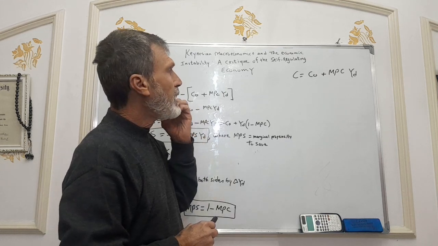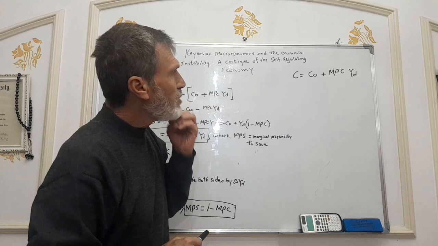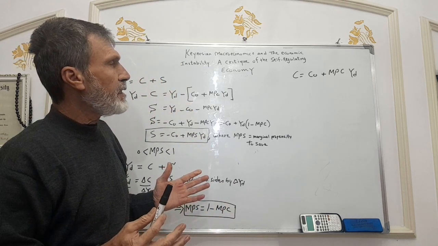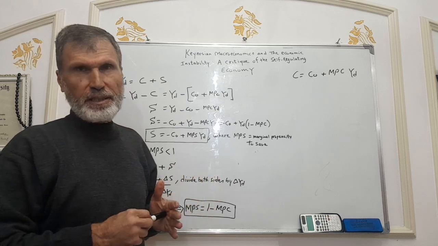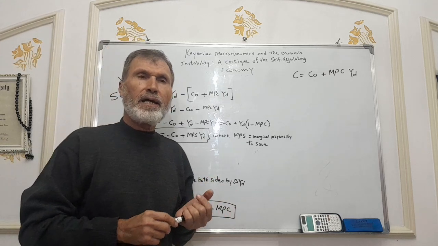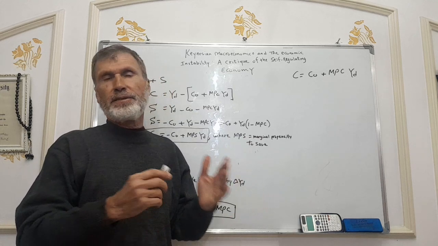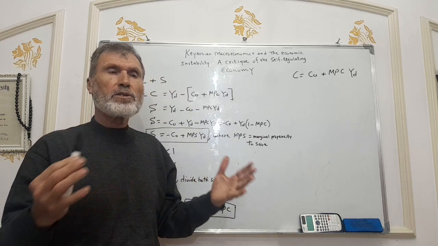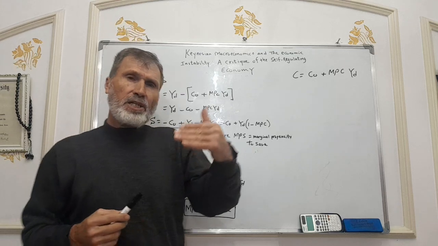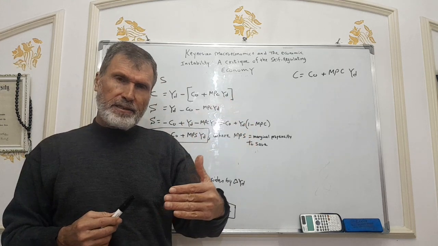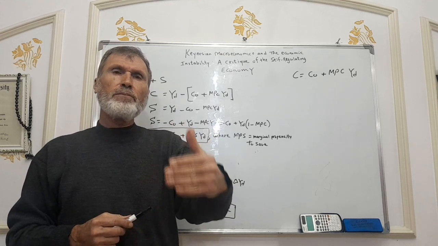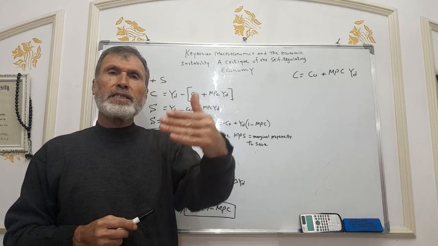Now let's look at total spending, where Keynes was basically interested in total spending. If C0 increases, then consumption will increase. And when consumption increases, then total spending will increase.